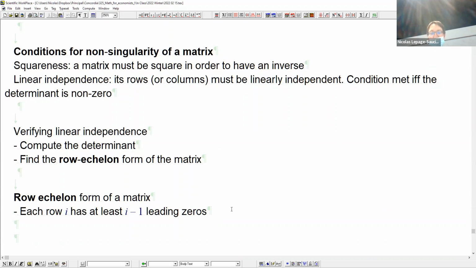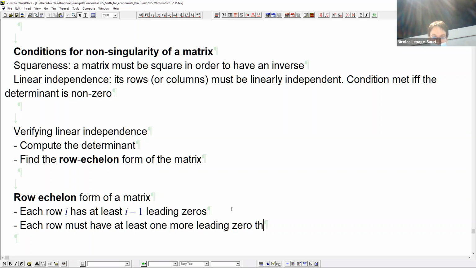So each row i has at least i minus 1 leading zeros. So each row must have at least one more leading zero than the previous.